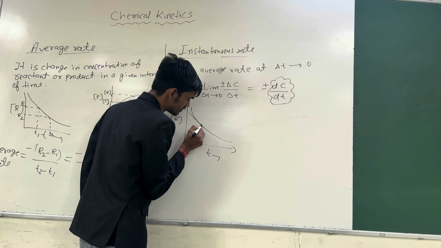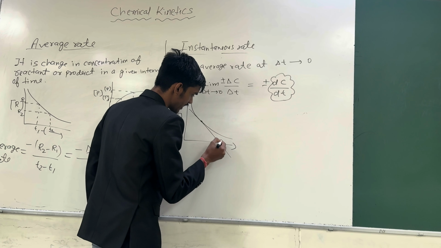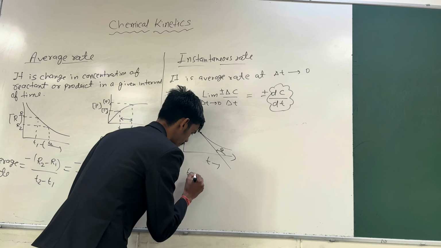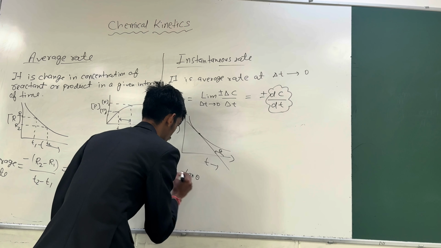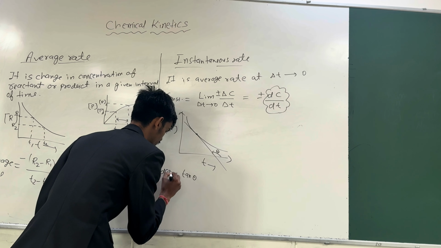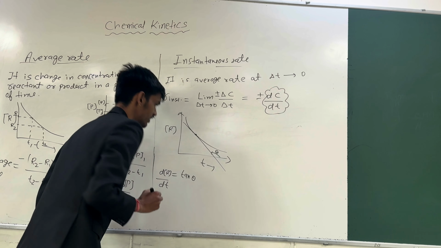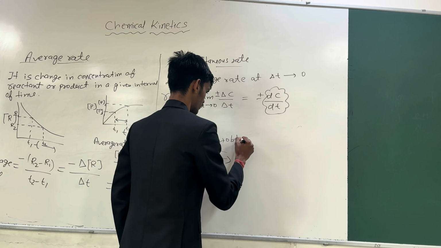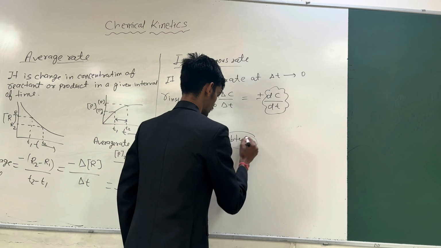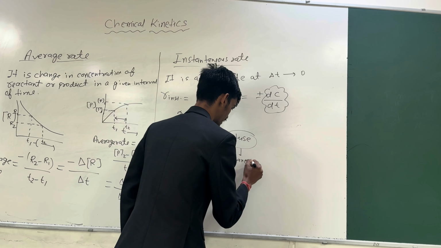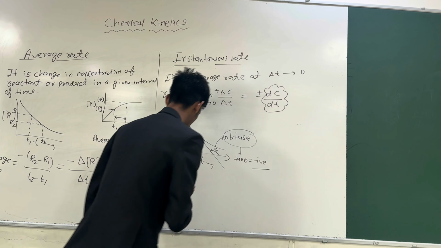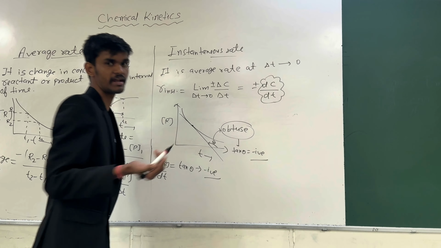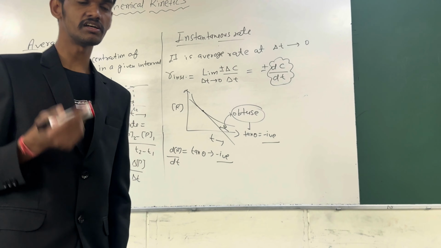So this is the tangent and this is the angle theta, and tan theta equals dR by dt. Here theta is an obtuse angle, so tan theta is negative and this quantity will be negative. For reactant, the instantaneous rate is negative.